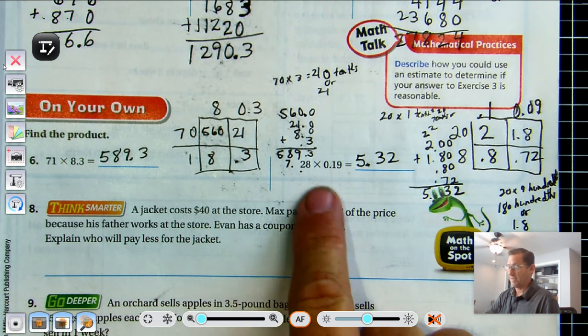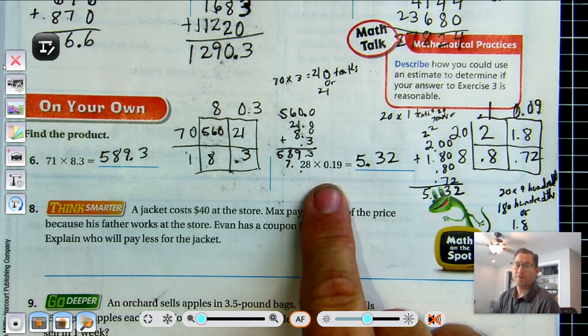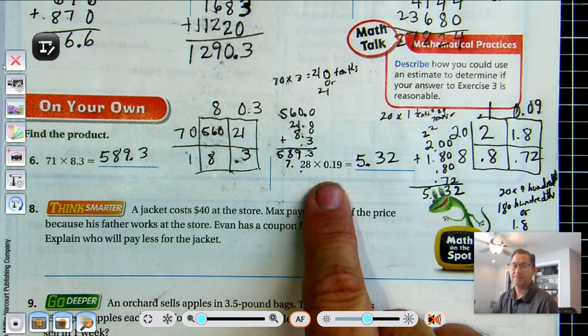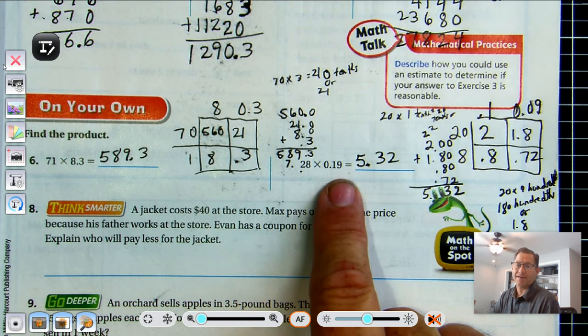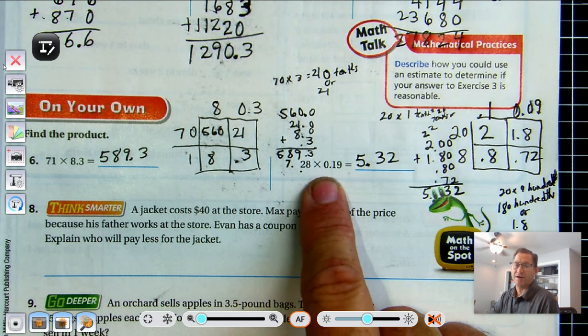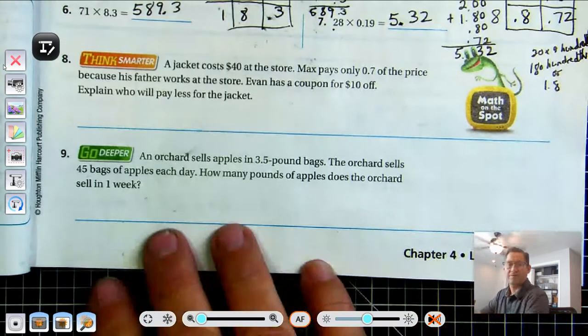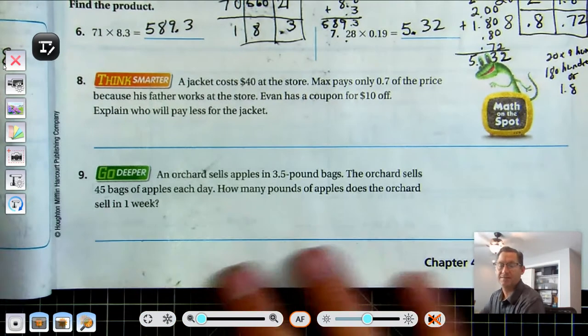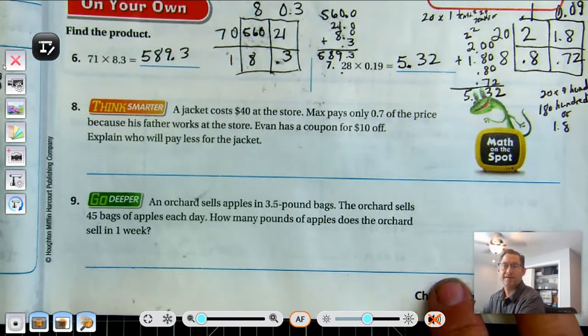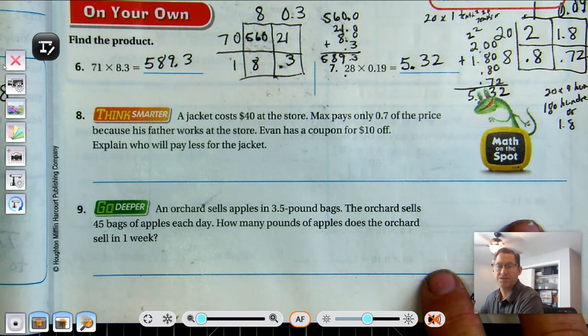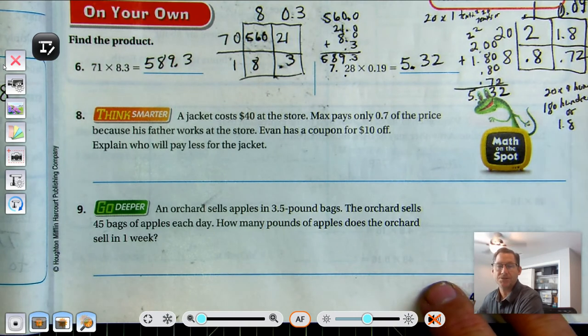So could I have multiplied this just using place value and patterns? Yeah. You could have just multiplied 28 times 19 and then made sure your answer was in the hundredths. Okay. Whichever one of the strategies makes most sense to you. If it doesn't tell you to use a specific strategy, use whatever makes sense to you.